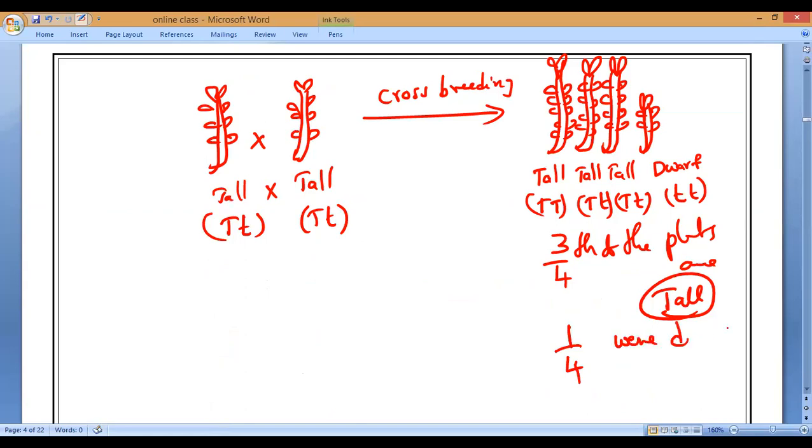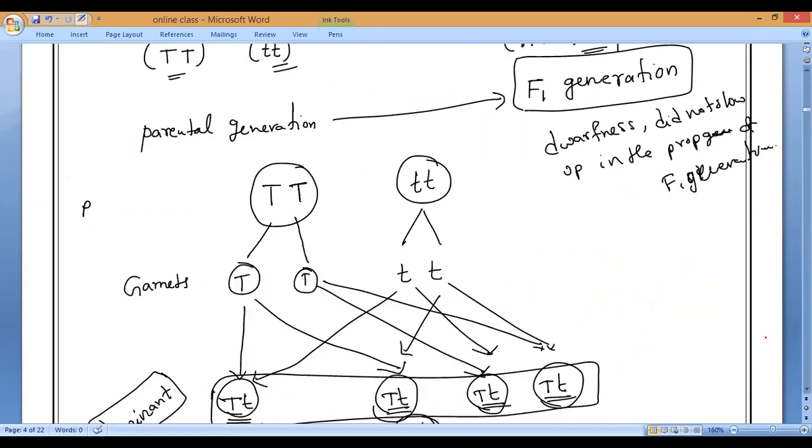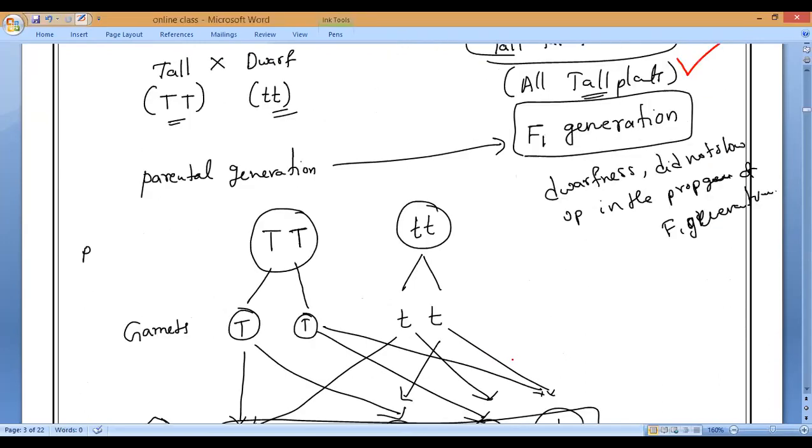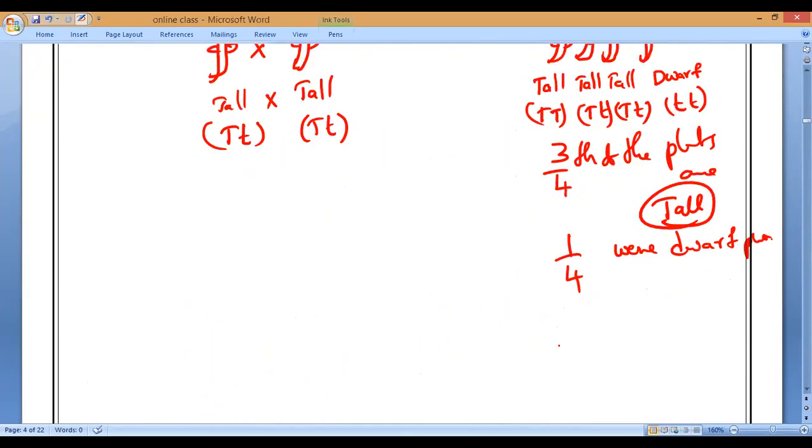So that is what he noticed. The dwarfness of the parent pea plant, which disappeared in the F1 generation, where all the plants obtained are tall, reappeared in the second generation. So that is what Mendel said there.